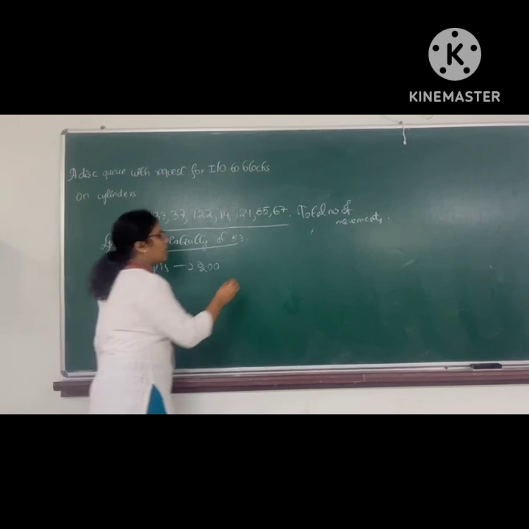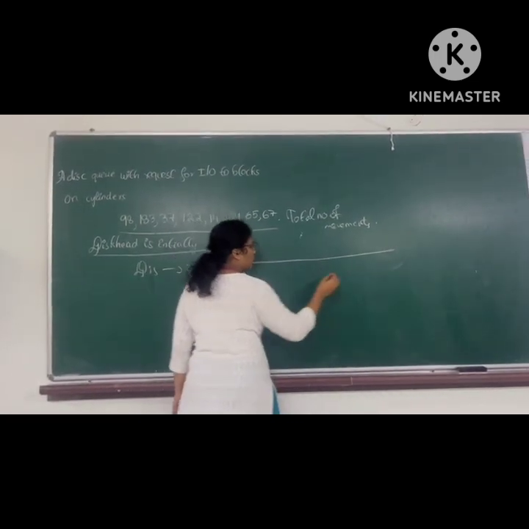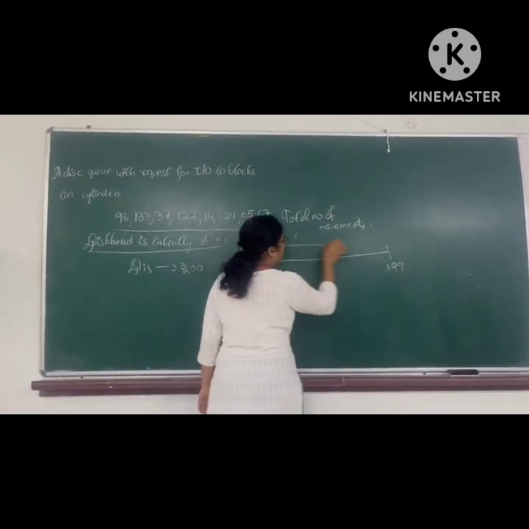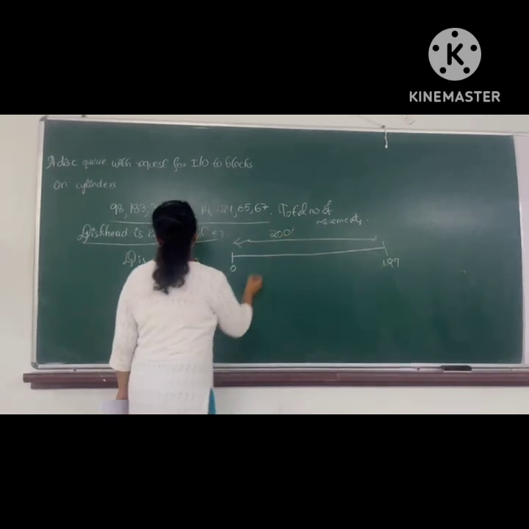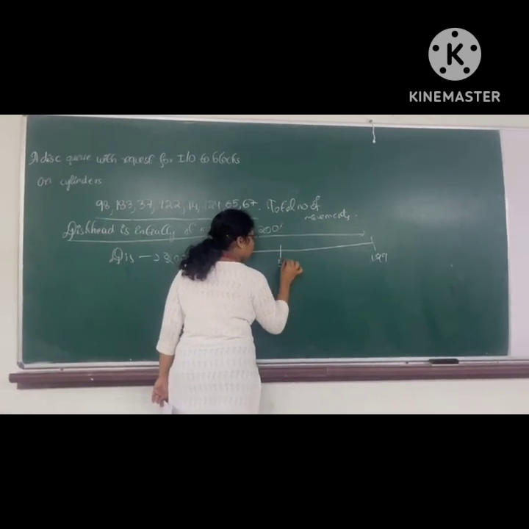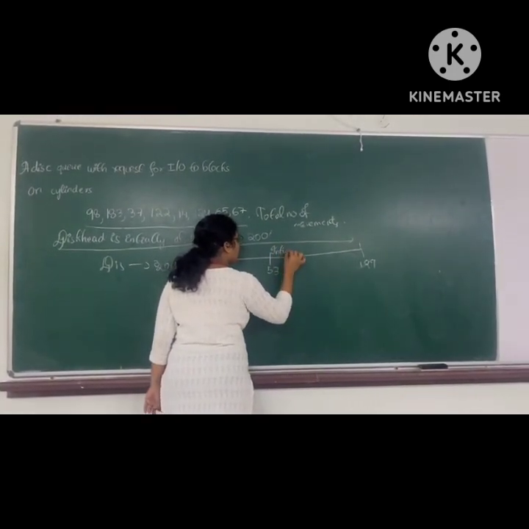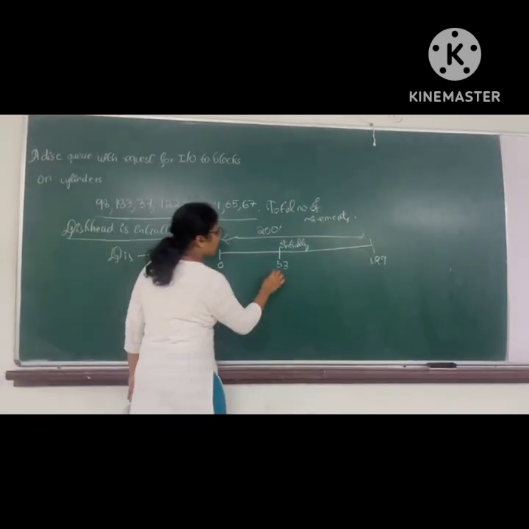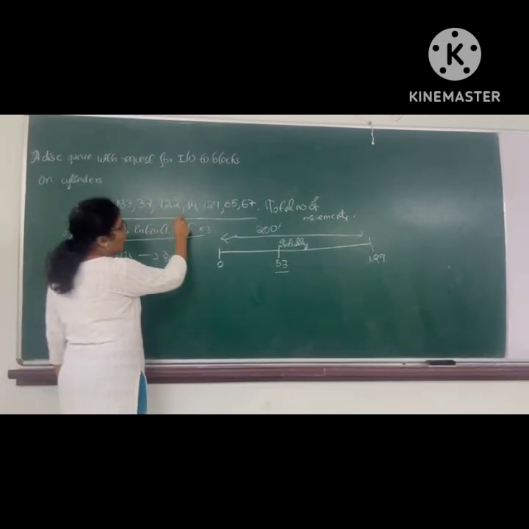That means it will look like 0 to 199, total 200. And initially the disk head is at 53. From the current read or write head position, we have to check the nearer value.